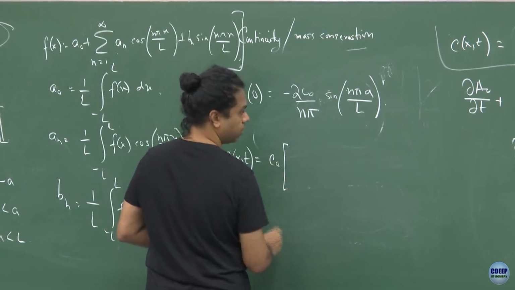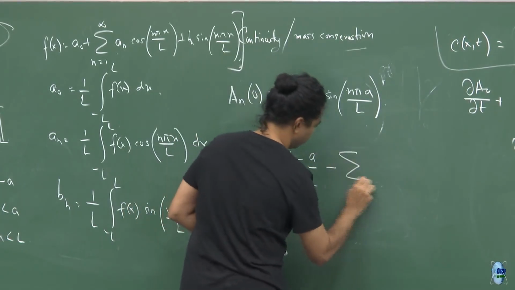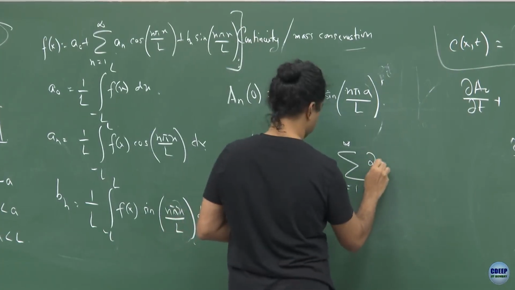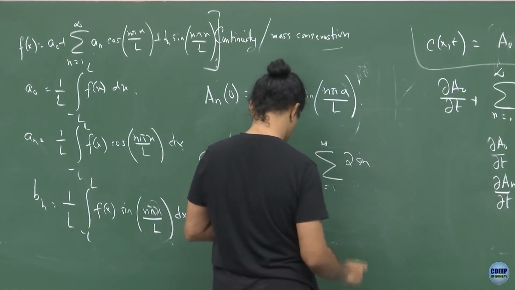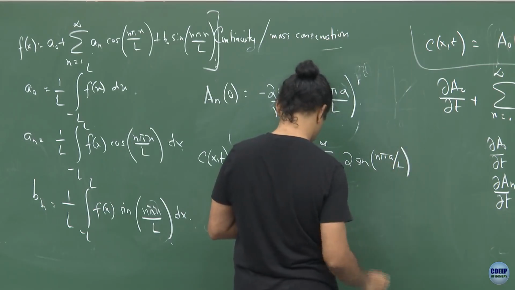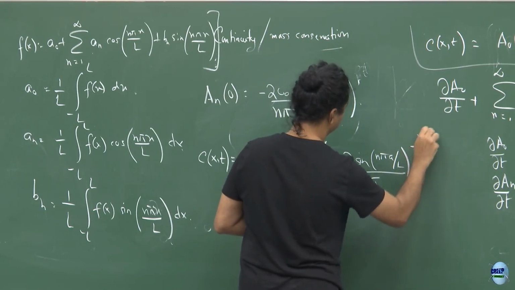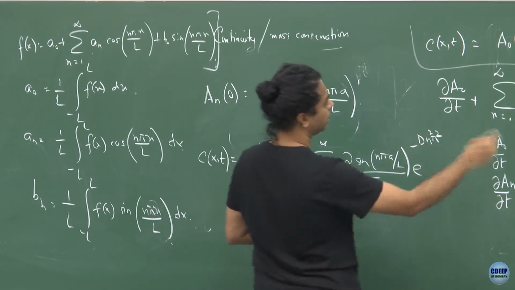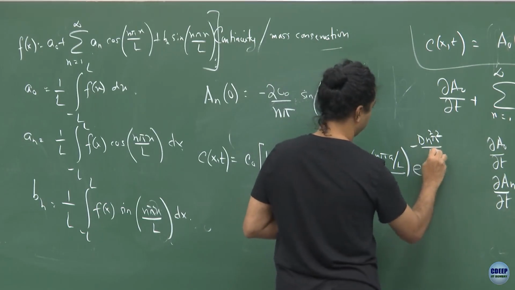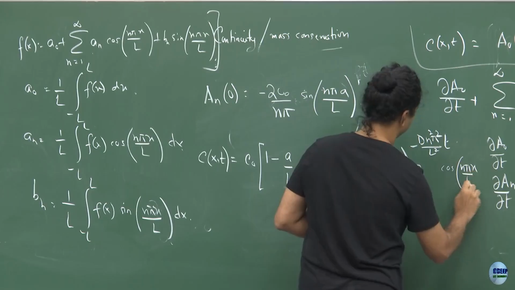So, that is C naught times 1 minus A by L, minus the sum over n equal to 1 to infinity of 2 sine n pi A by L, sine n pi A by L by n pi, e to the power of minus D n square pi square by L square into time, and then a cos n pi x by L. Okay.